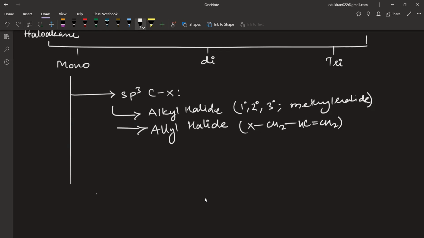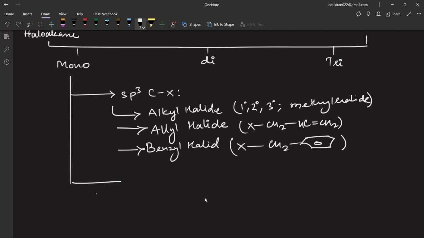Next we have benzyl halide. In this case, a halogen atom is connected to an sp3 CH2 group, which is further connected to a benzene ring. These are the three classifications.